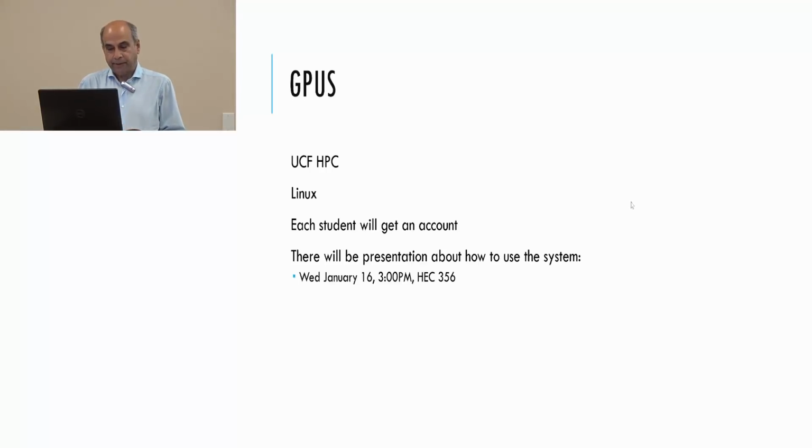There will be a presentation about how to use the system on Wednesday next week at 3 p.m. This is the discussion session I mentioned earlier, in 356. Of course, if you have your own access to GPUs, you don't have to get the account. But in general, most students don't have GPUs, so this is the first time we are providing the account so that you can train the system with more data and so on. Otherwise, it's going to take you a long time on CPU.